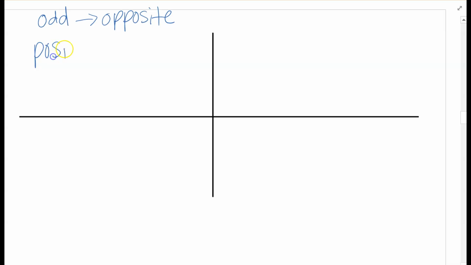So the positive leading coefficient tells me that my right side is going to go upwards. Up because it's positive, okay? And again, the leading coefficient always tells you which way the right side goes. And because this is opposite, the left side would then go down to negative infinity, okay?